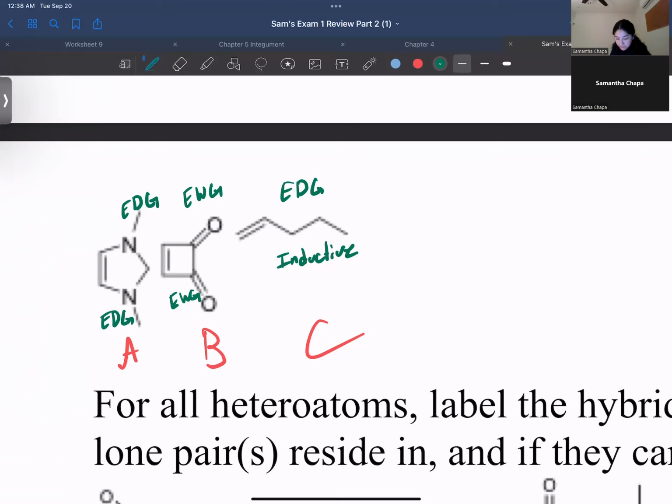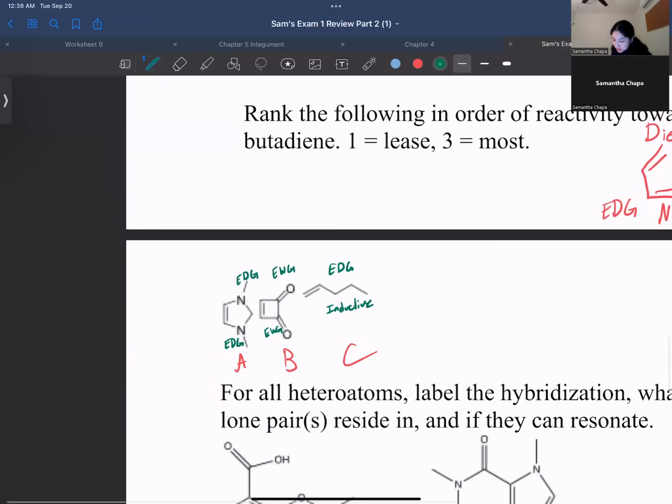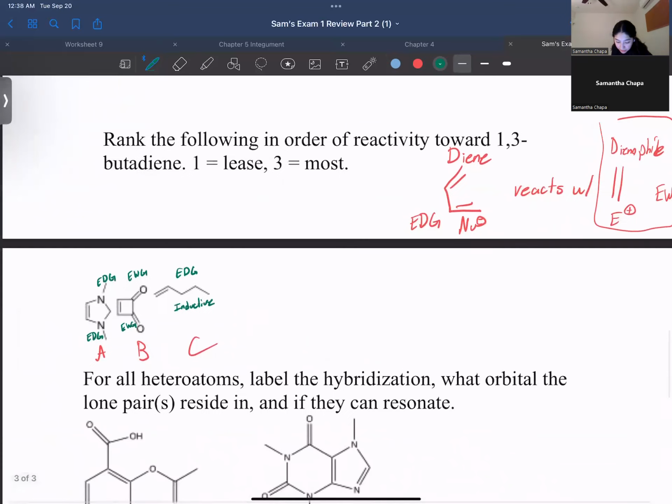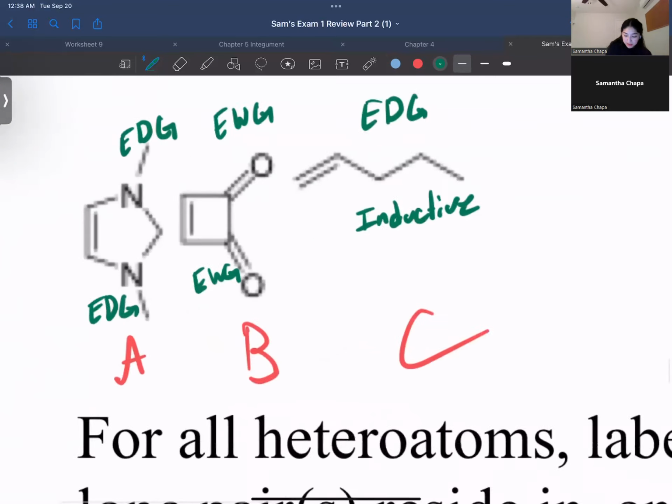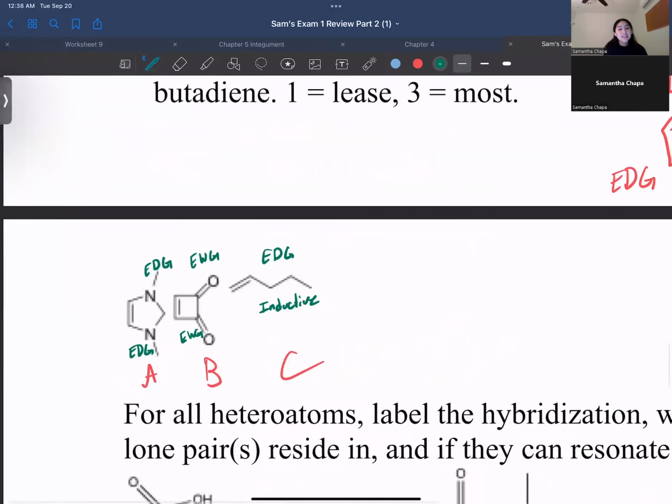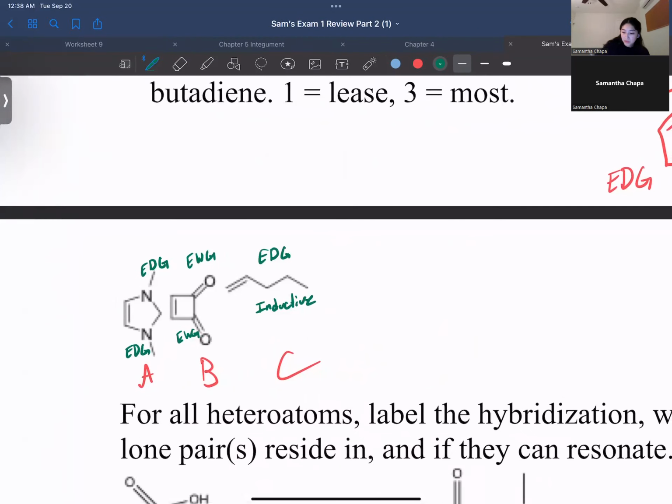Okay, so then we're talking about reactivity of our dienophile. Our dienophile likes electron withdrawing groups, so it's easy to determine which one is best right now. The one that would be the most reactive is B, because it only has electron withdrawing groups on it, whereas A and C have electron donating groups.